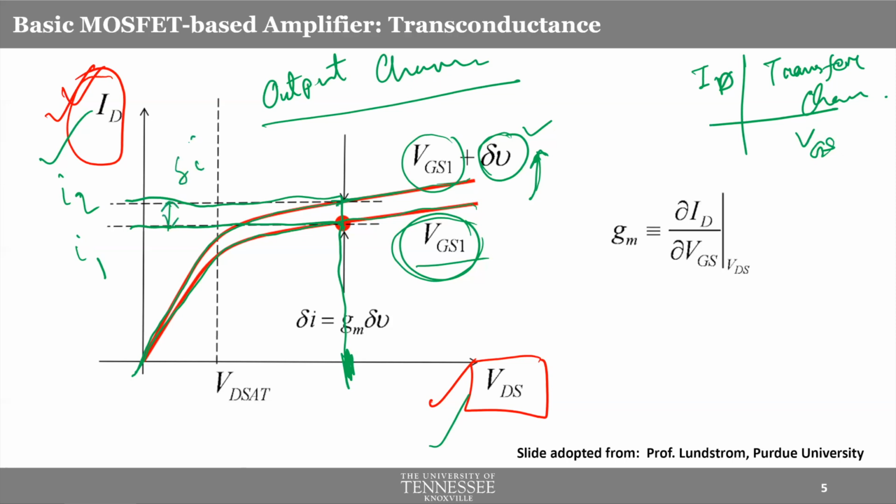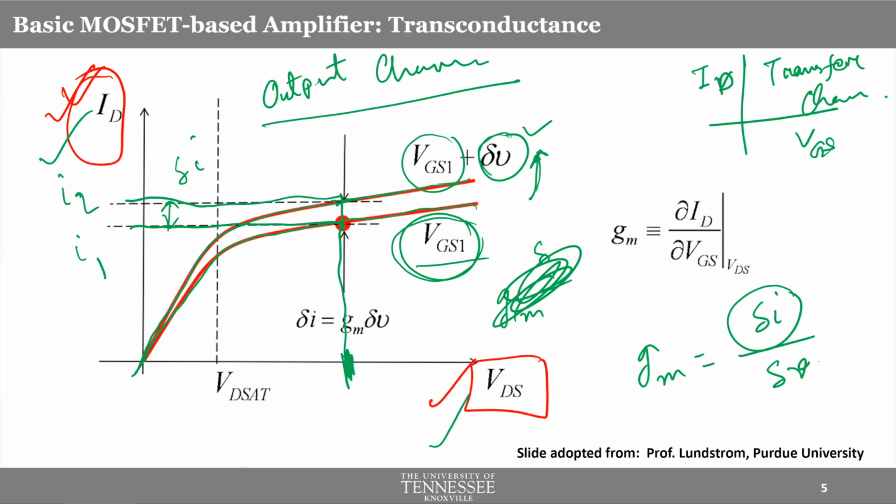Then you could divide this delta I by delta V, the amount of change in current by the amount of change in voltage, and you get the value of GM or transconductance for that VDS. And this particular graph allows you to look at GM for different VDS values.